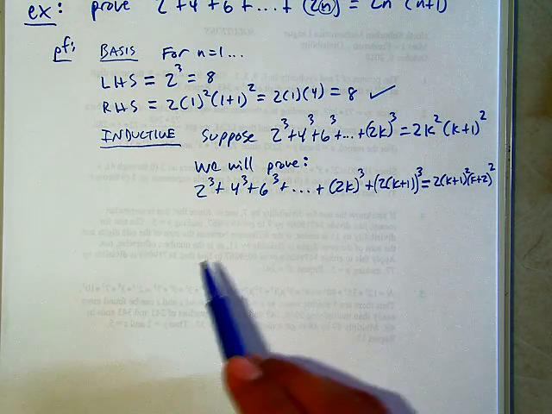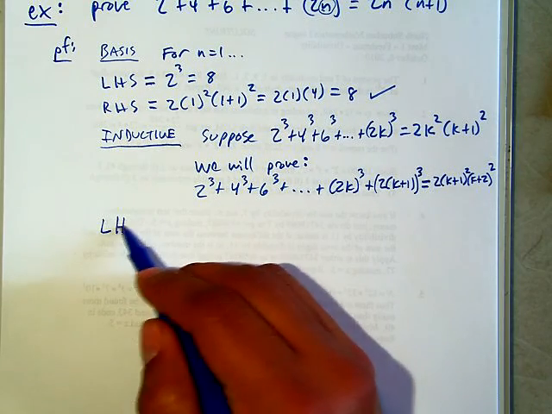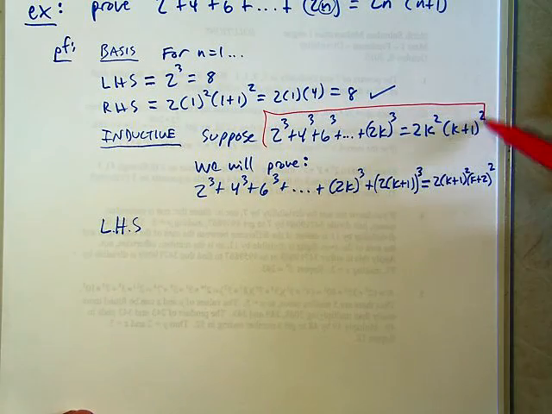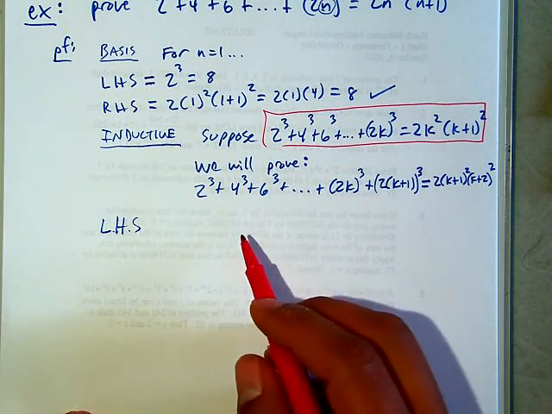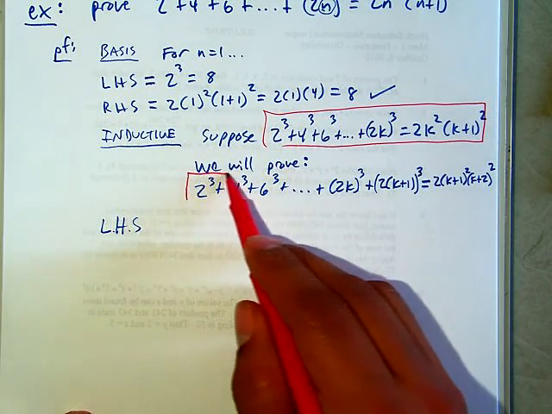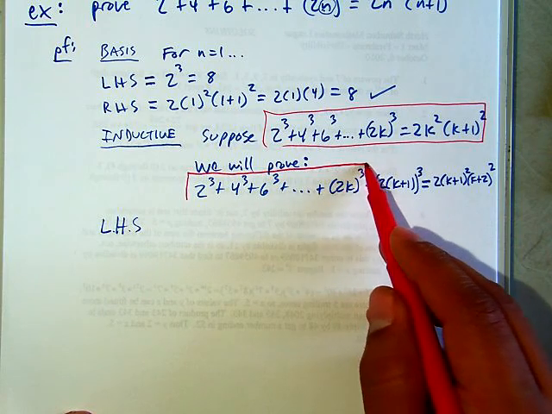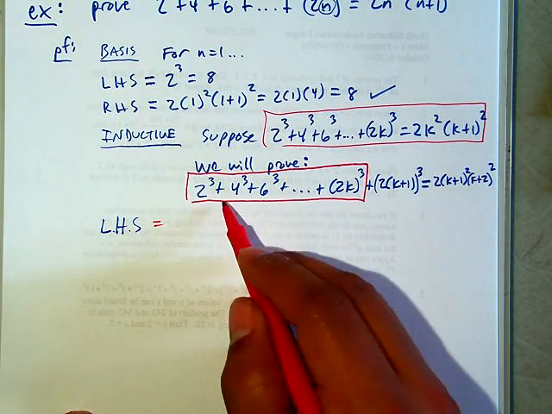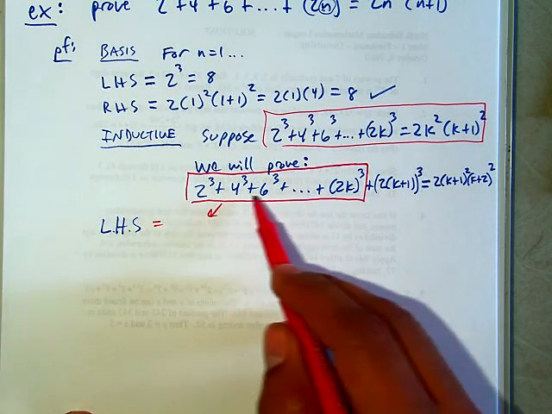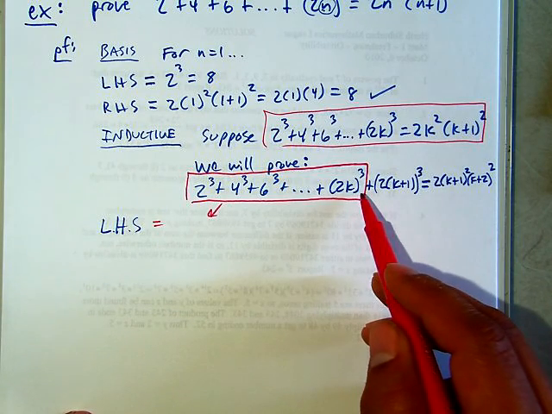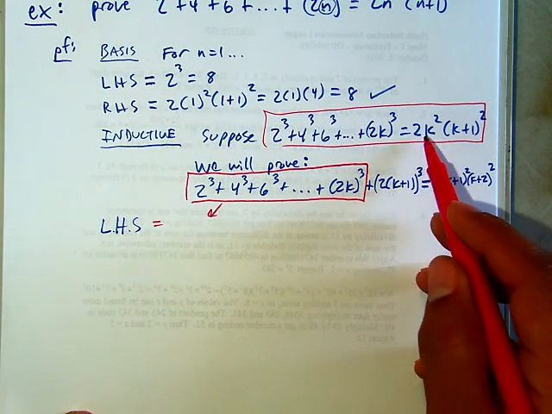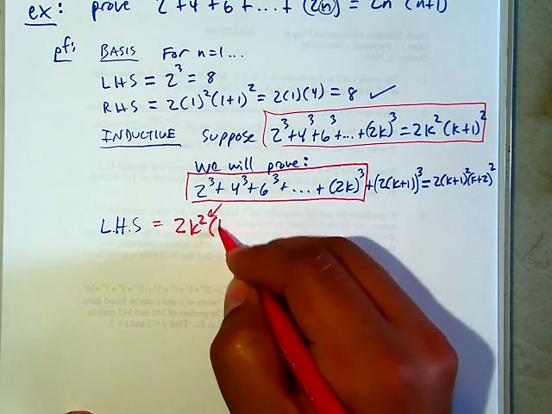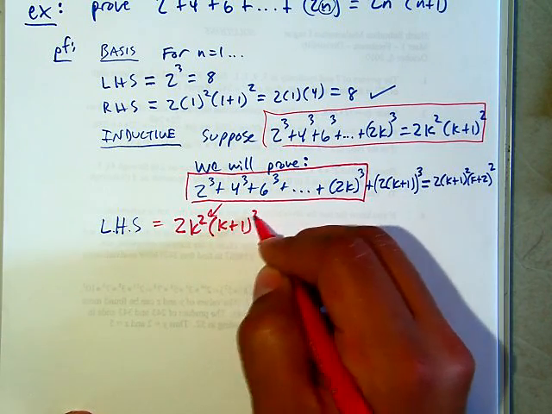So, let's see what happens. This is where we use the inductive hypothesis, which is right here. On the left-hand side, do you see that copied anywhere? What's this first box going to turn into? 2k squared, very good, times k plus 1 squared.